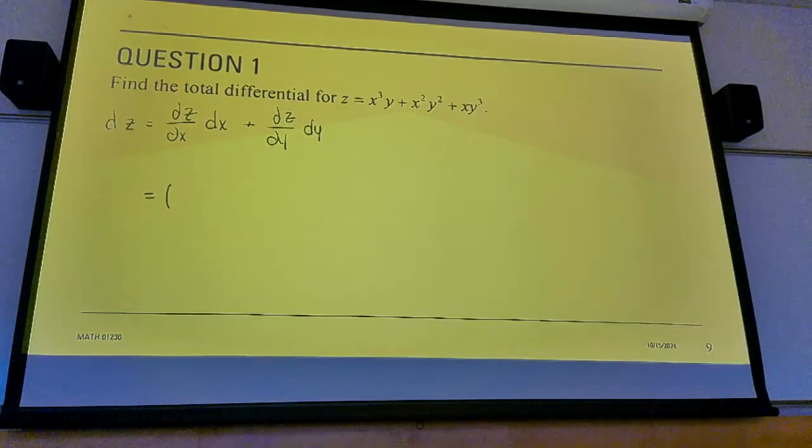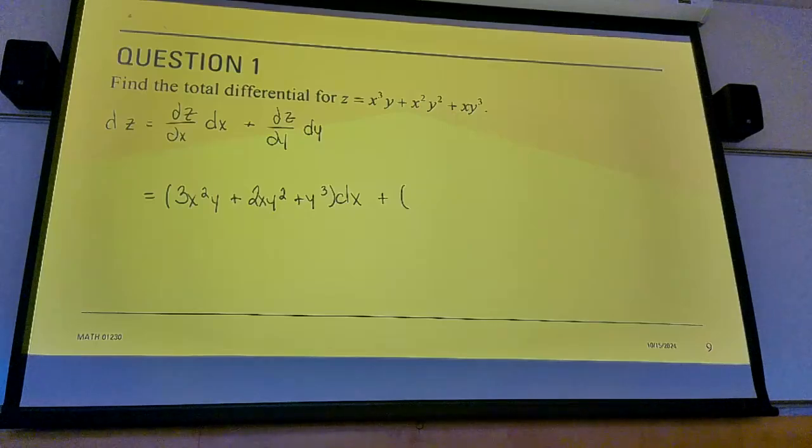What is the partial with respect to x? 3x squared y plus 2x y squared plus y cubed.